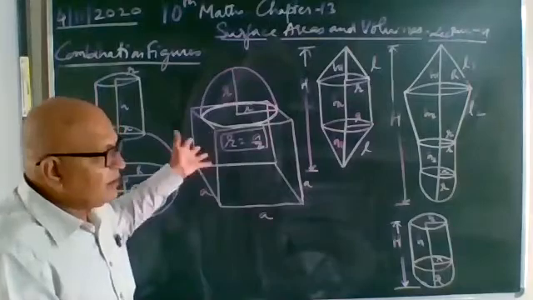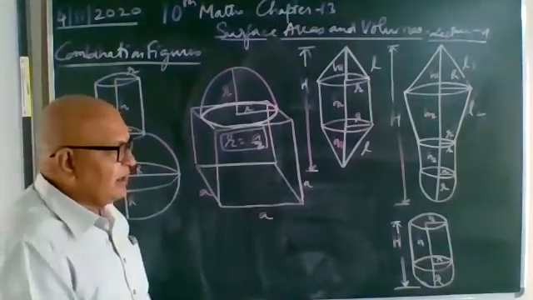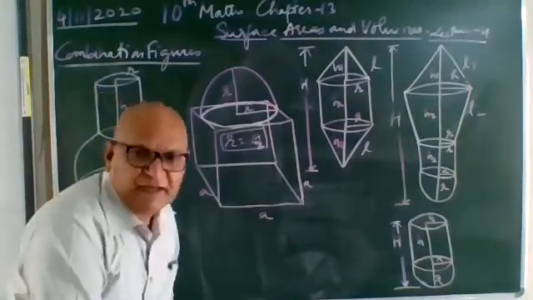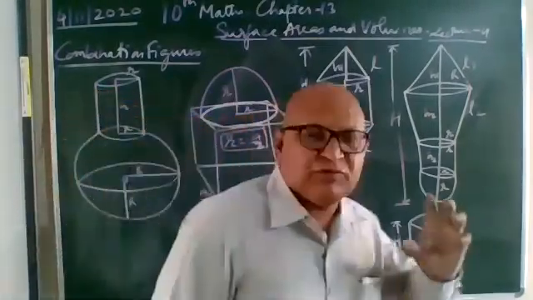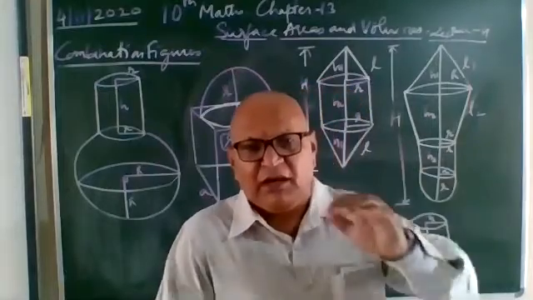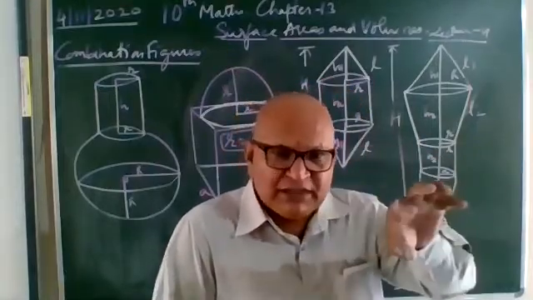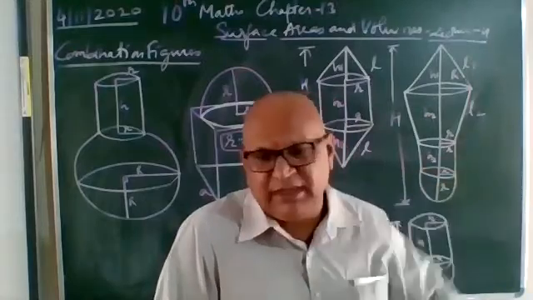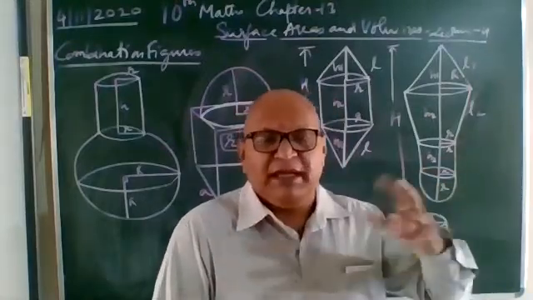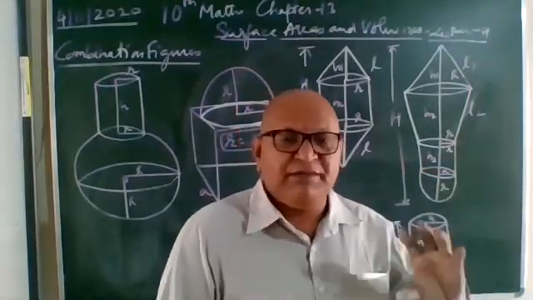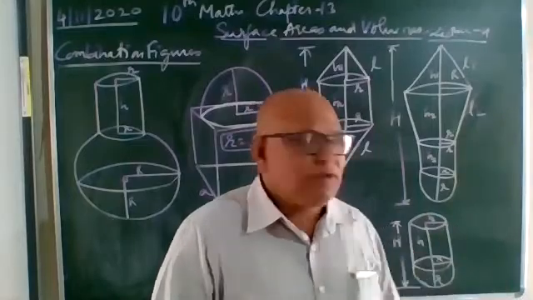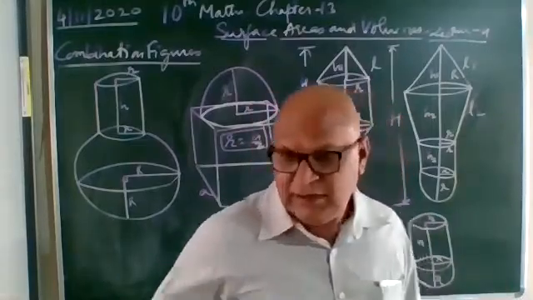Don't subtract, because the area is increased. If a solid figure is there and a hollow portion is cut from it, then you have to see the inside of that also. So the area is increased. Understood? This type of questions will be there in the exam.